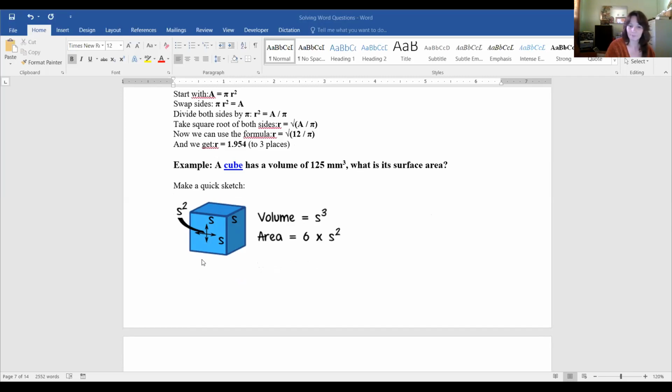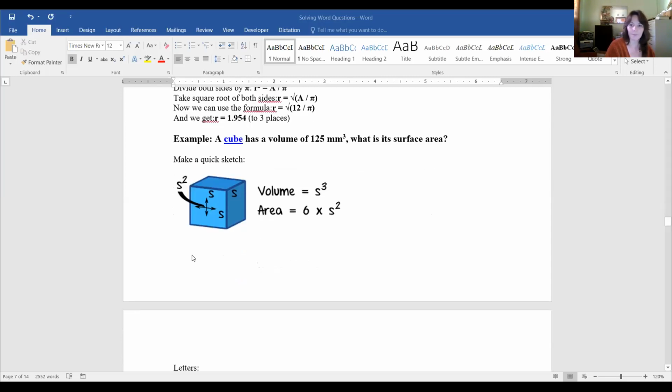So there are 6 of those, and that's going to be 6 times the area of each face. So to find the area, we need to get a handle on what the side length is.